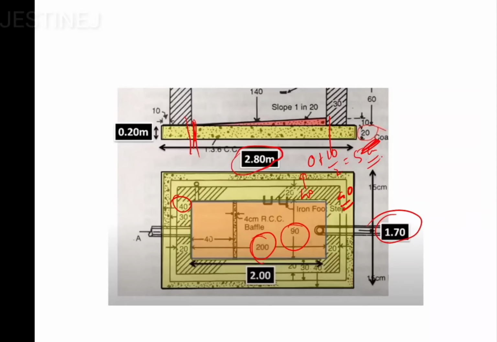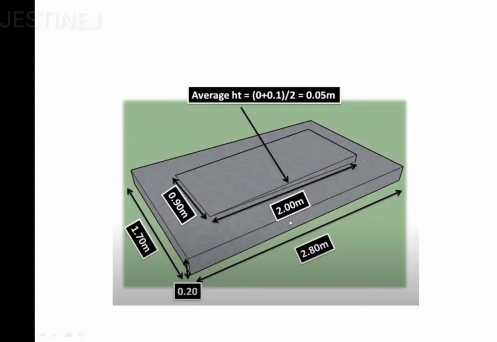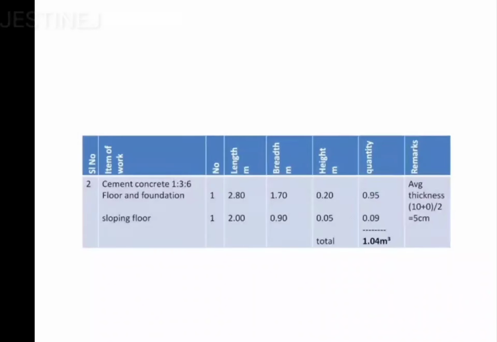And the width is going to be 90 centimeter. So with those values, this is the 3-dimensional view, and you can easily substitute those values. You will get 2.8, 1.7, 0.2, and 2 meters, 0.9 width, then 0.05 meters. Everything is mentioned in meters. Okay.